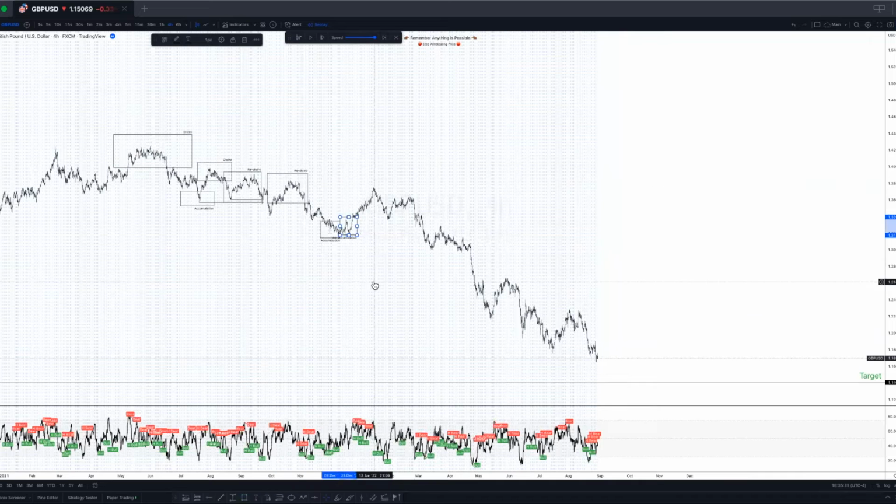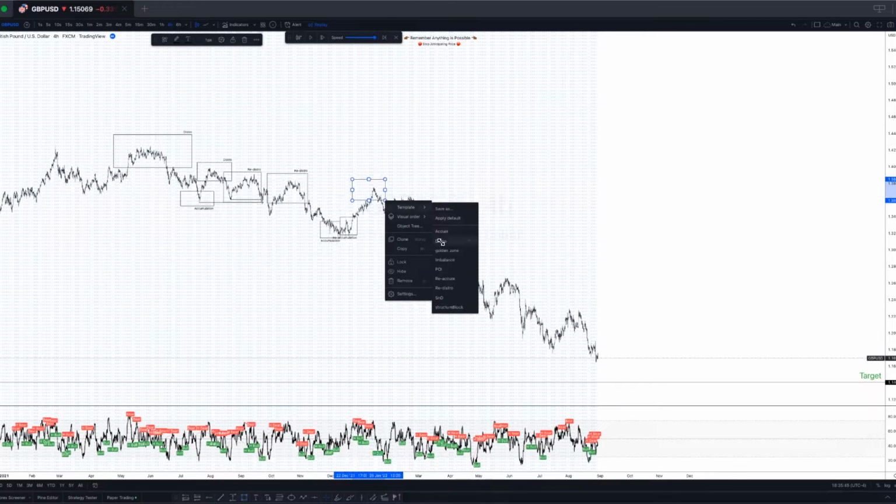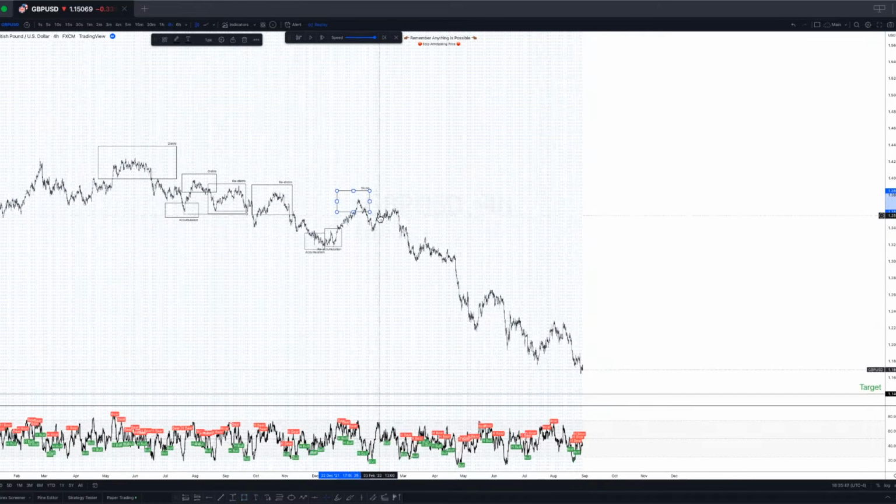Price came back up, tapped into the point of interest. What am I looking for? The box. Tapped into the point of interest. Distributed from here, accumulated, broke lower time frame structure, redistributed here.